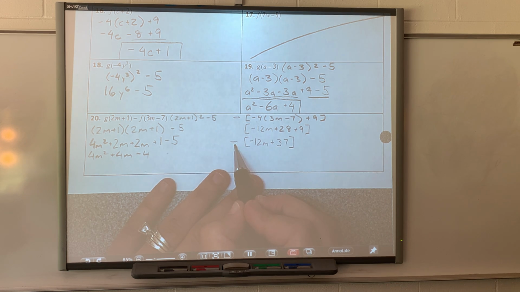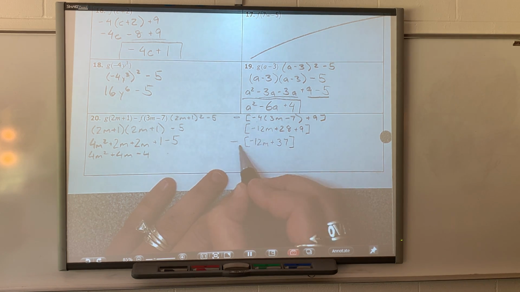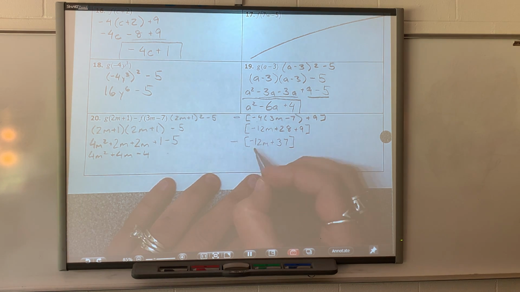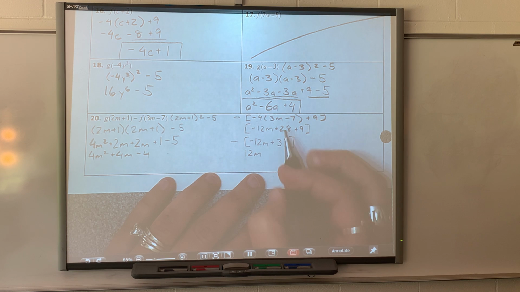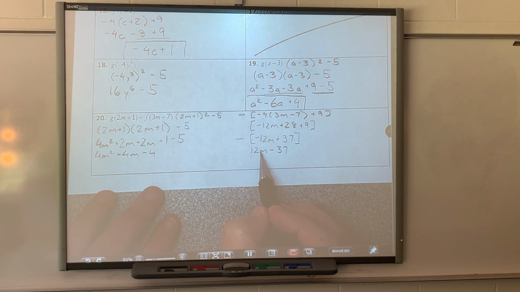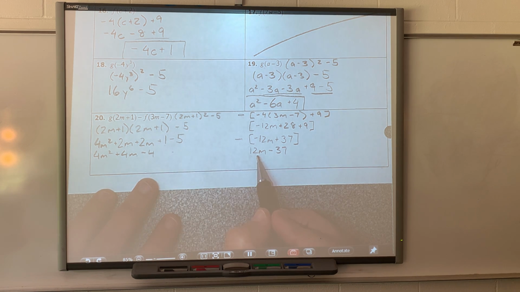This subtraction sign, all it really does is change the signs. So this is no longer -12m, it's going to become positive +12m. And this is now negative -37. So now I can combine these two problems together.